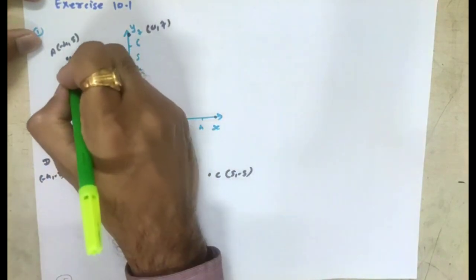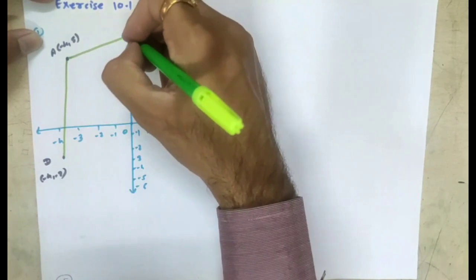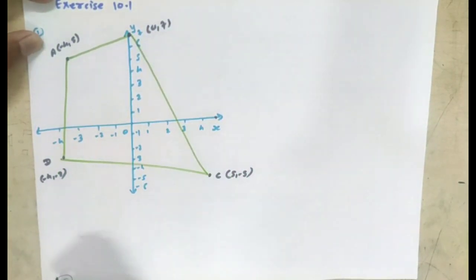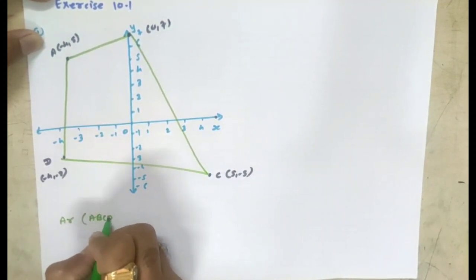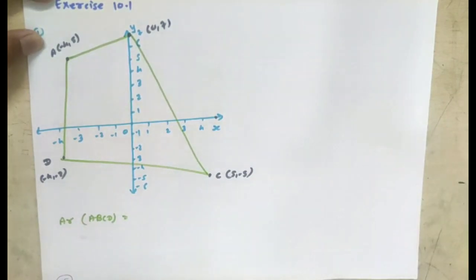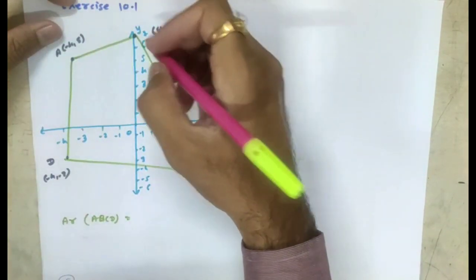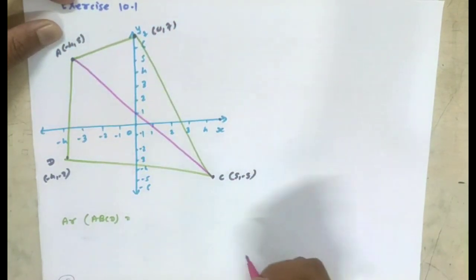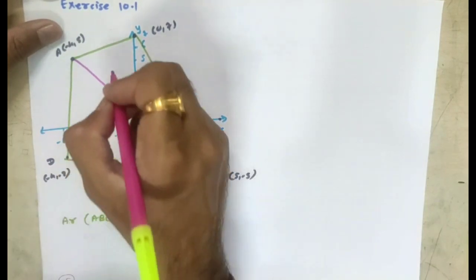So join these points. The question is to find the area of this quadrilateral ABCD. To find the area of any quadrilateral, what will we do? We will join its diagonal. Suppose the diagonal is this one, we join AC. So the area of this quadrilateral ABCD is nothing but the sum of the areas of two triangles.